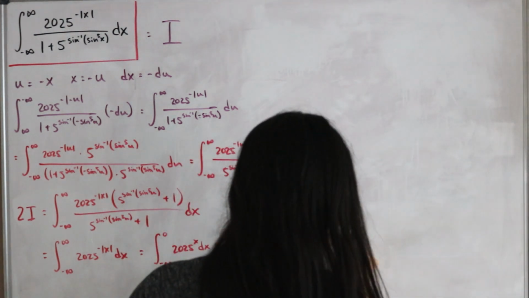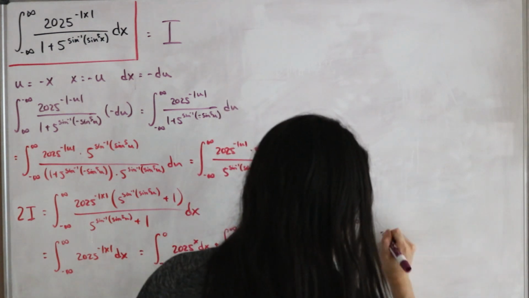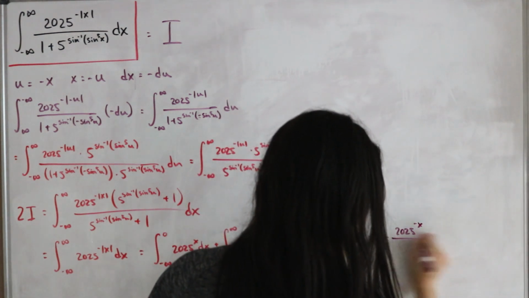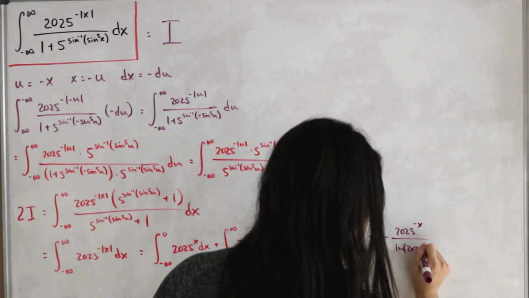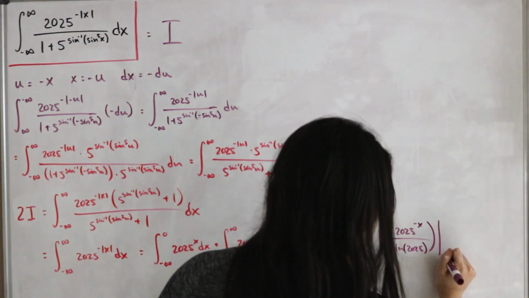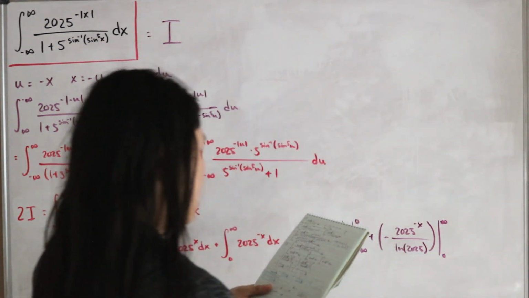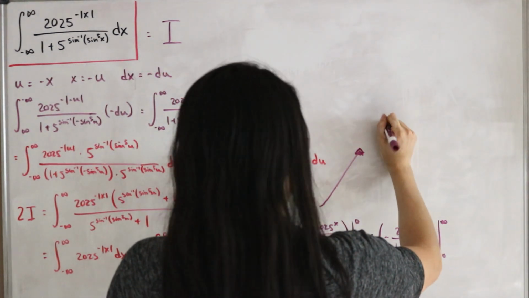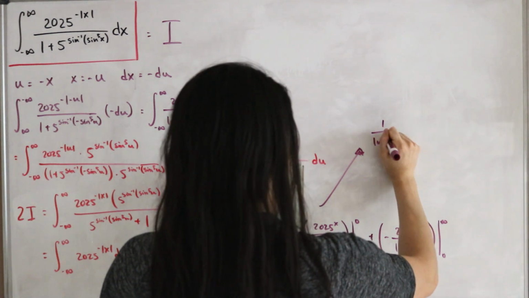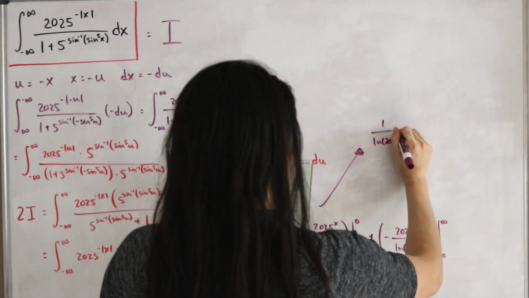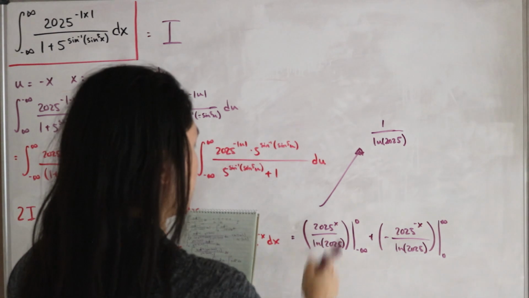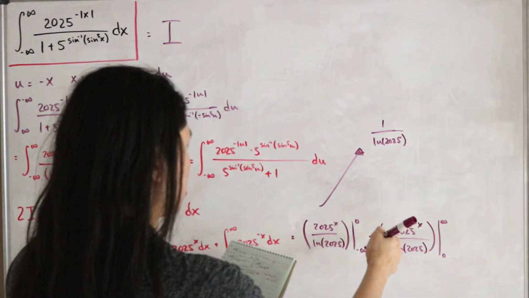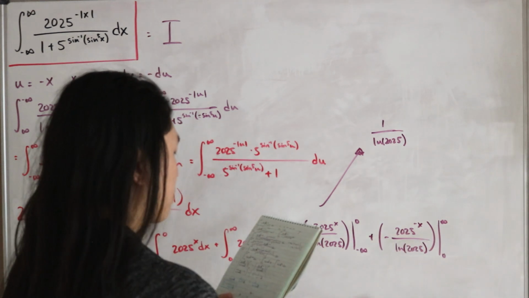And then the same thing can be said over here, except now we have a minus, so 2025 to the power negative x divided by ln of 2025, and then evaluate this from 0 to positive infinity, which of course going forward here, will just leave us with 1 divided by ln of 2025 for the first term, and then if you plug in negative infinity, you're going to get just 0. And then next, do the same thing. First term is going to be 0. You plug in 0, you're going to get a positive.